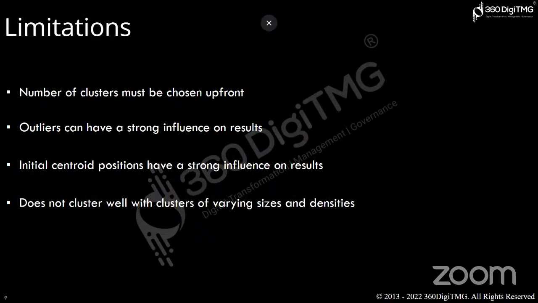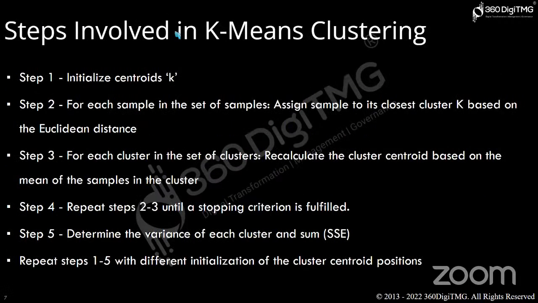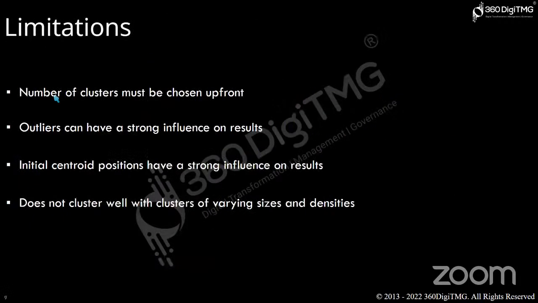So limitations, what are the limitations in k-means clustering? One of the problems is that the number of clusters has to be chosen upfront. The k value has to be chosen upfront.